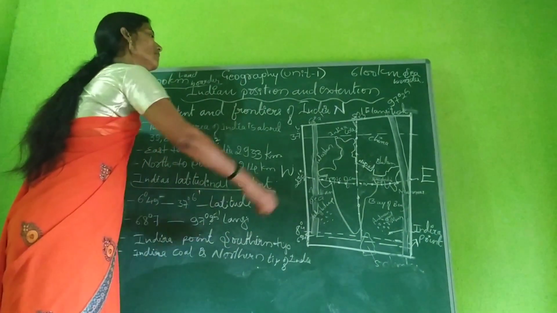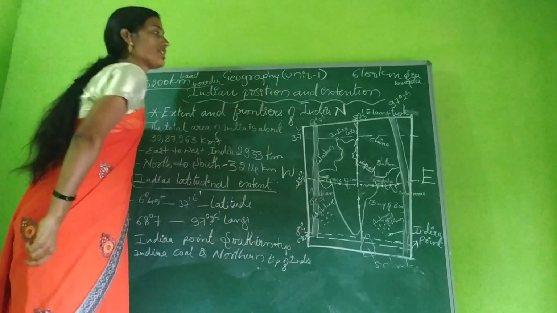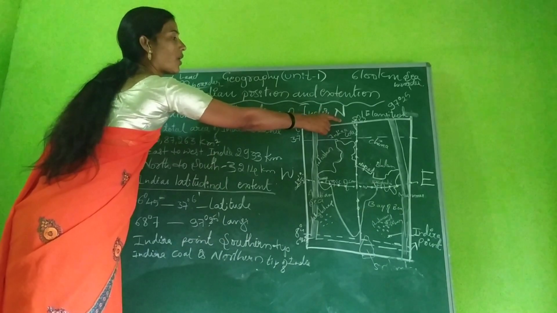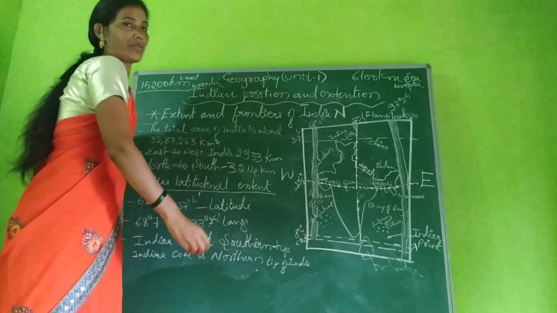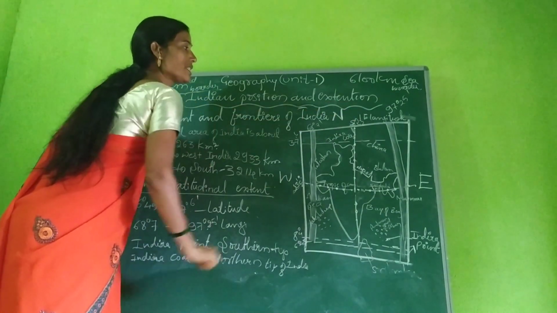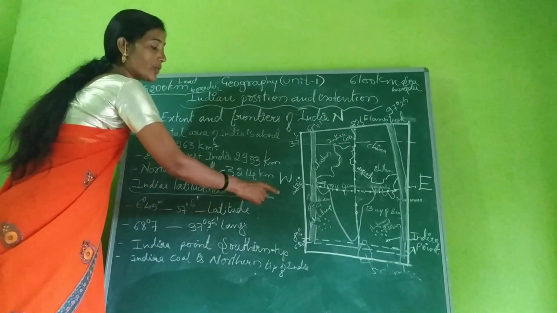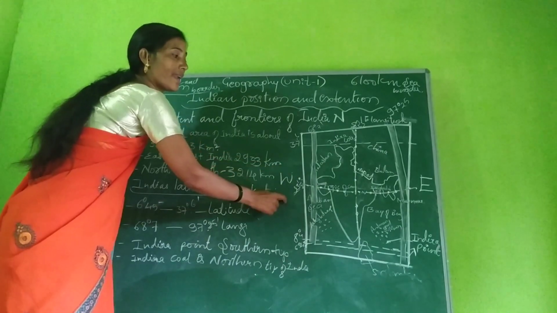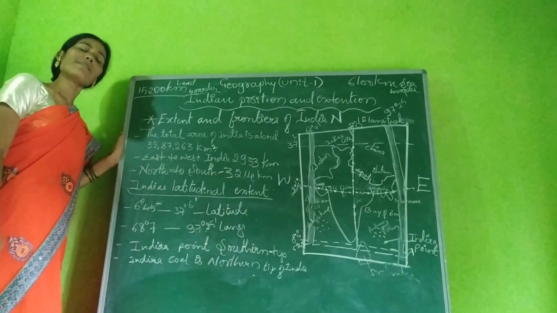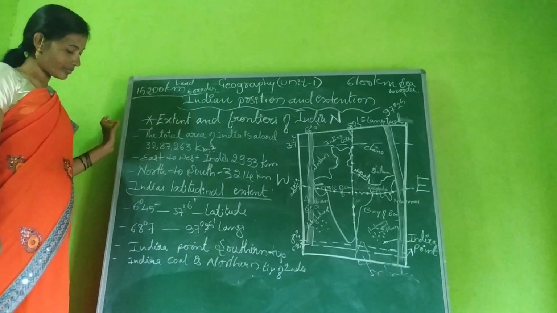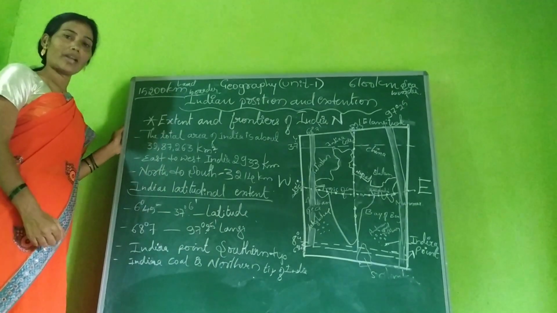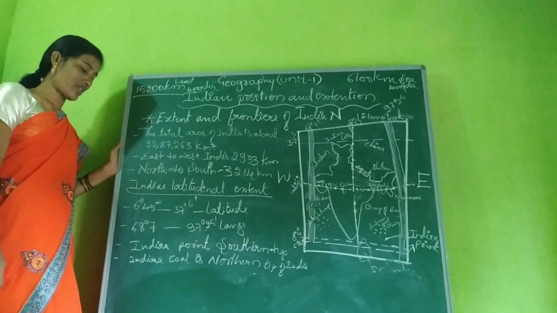Another one, the longitude passing through the middle of India, is 82 and a half degrees east longitude. So this is about the latitudinal and longitudinal extension.